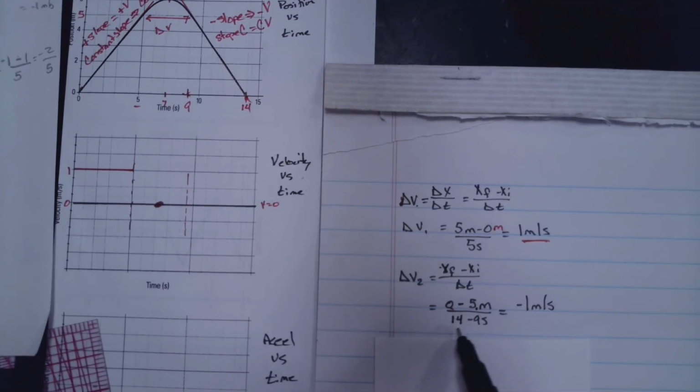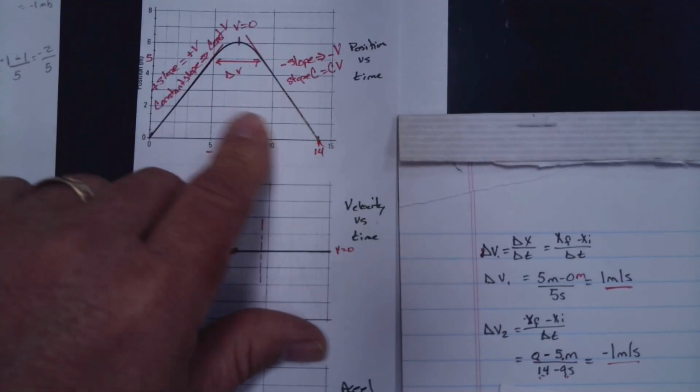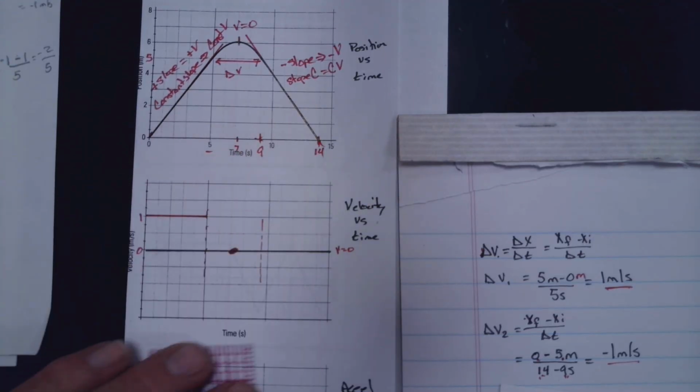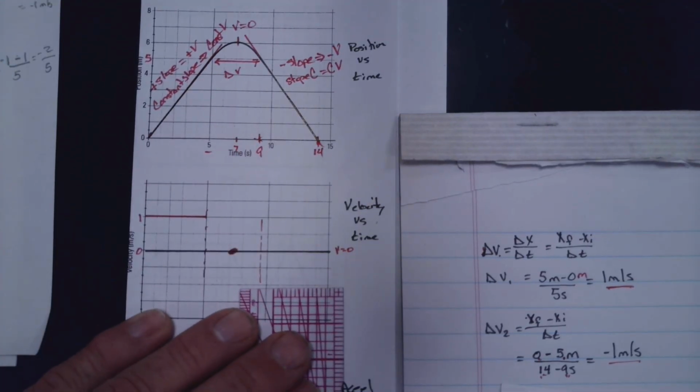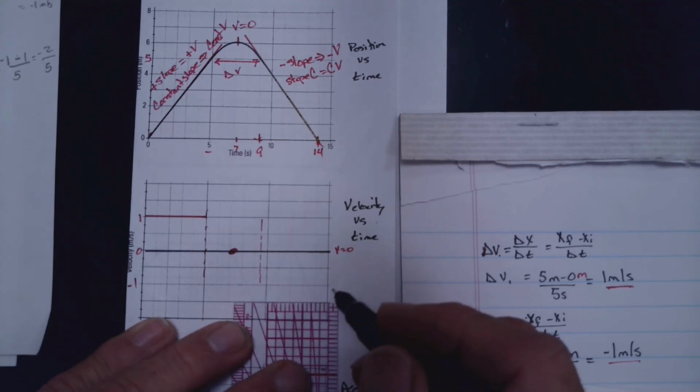I had 14 seconds minus 9 seconds, my final minus my initial. So I'm going to get a -1 velocity. And the curves look the same, the slopes look the same, so that seems reasonable in my answer. This is a -1.